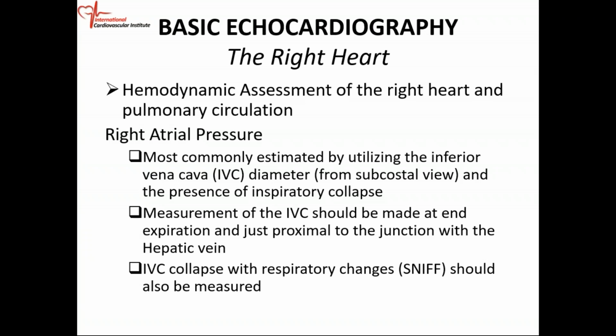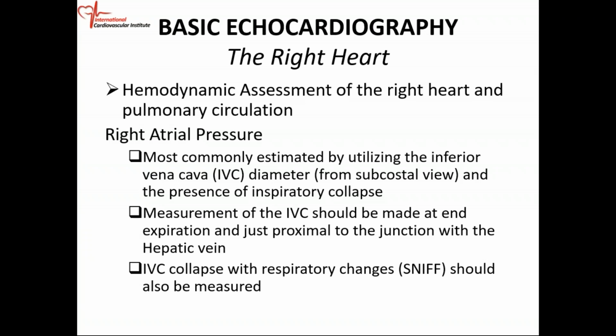Again, these are routine things in all studies, okay? So how do we assess or how do we determine the right atrial pressure? Okay, so basically what you have to do, well, in the subcostal view, you're going to look at the IVC, the inferior vena cava, okay?